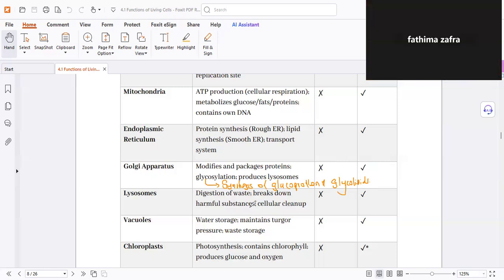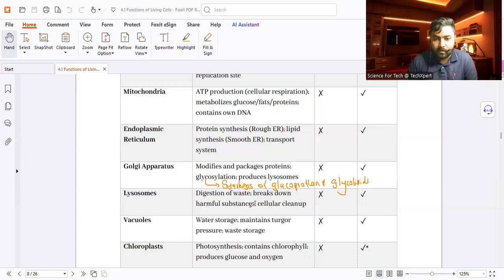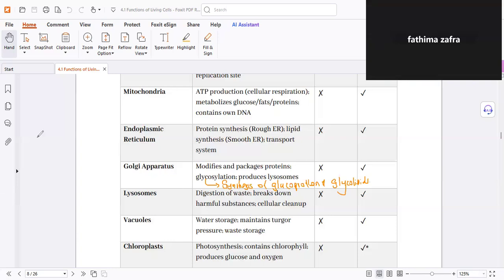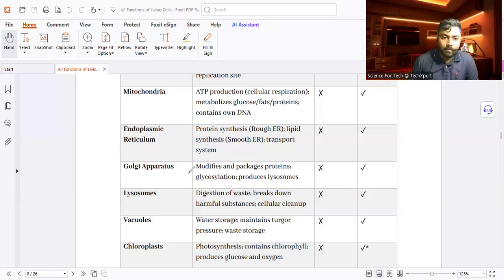Done, sir. Do you know the meaning of glycoprotein? No, sir. Glycoprotein means when carbohydrate is combined with protein, it is known as glycoprotein.